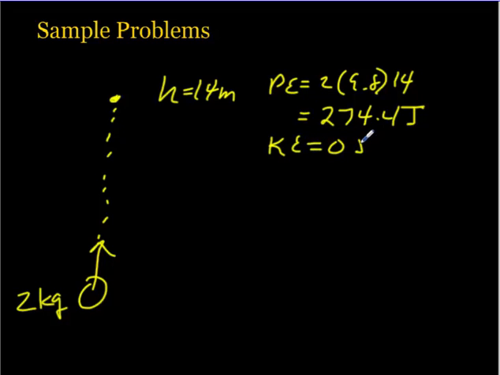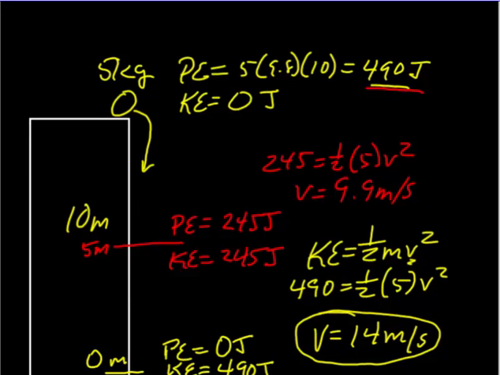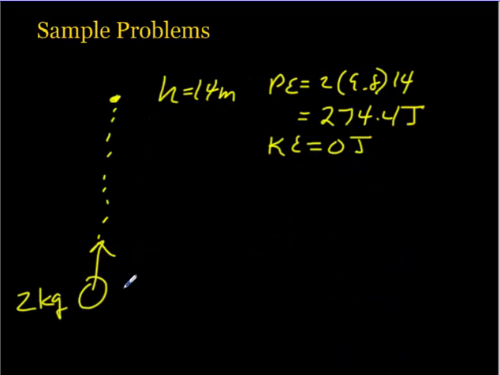How much kinetic energy does it have at the top? It's going to have 0. As it falls back down, it's going to reconvert just like we did here. It's going to convert back to its kinetic. So what was the velocity that the object was tossed with? Well, if I know its kinetic energy is going to be 274.4 at the bottom on the way back down, all points are equal as we learned in our free fall.